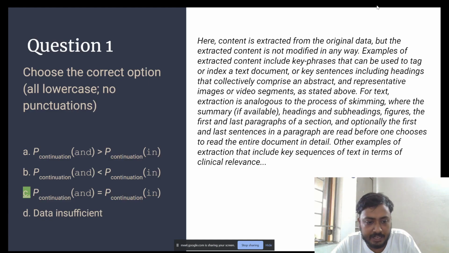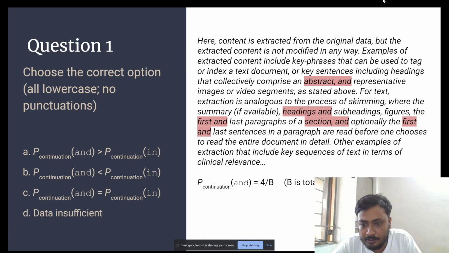So actually, let's see for "and". The word "and", as you can see, occurs 1, 2, 3, 4, 5 times. But we need to see how many unique continuations "and" provides. They have asked you to ignore the punctuations and everything is in lowercase.